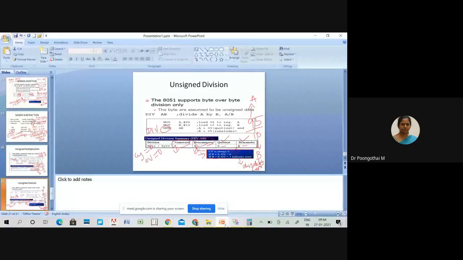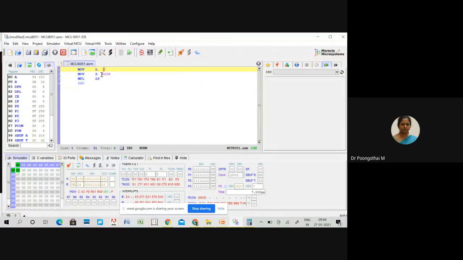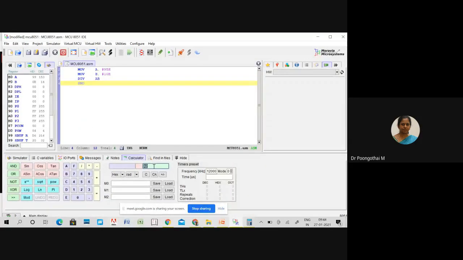And 95 and 10. See, 95 divided by 10. So your quotient is 9, remainder is 5.